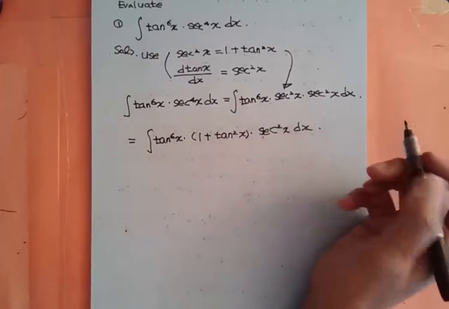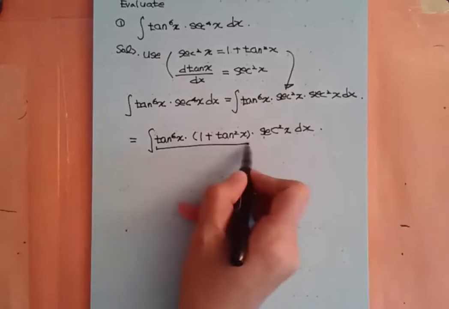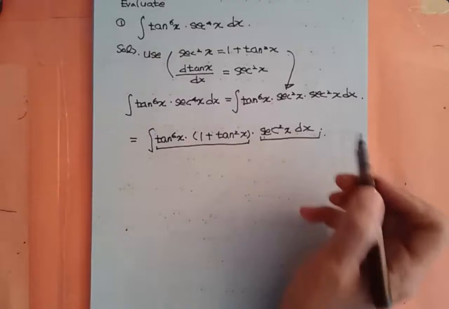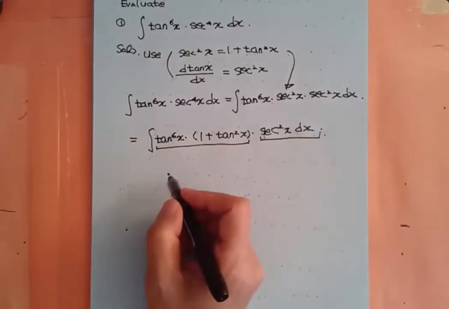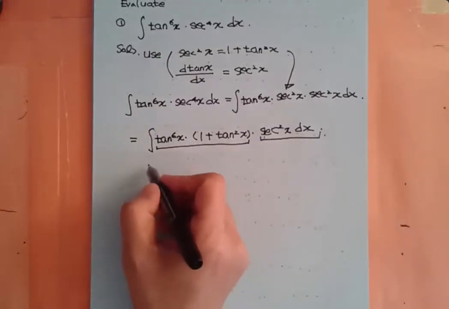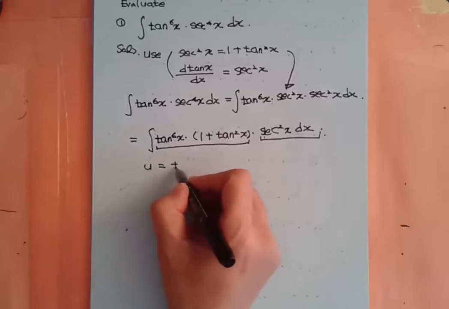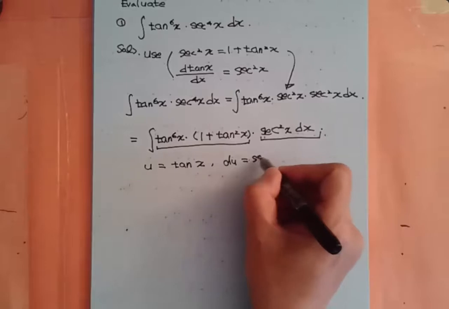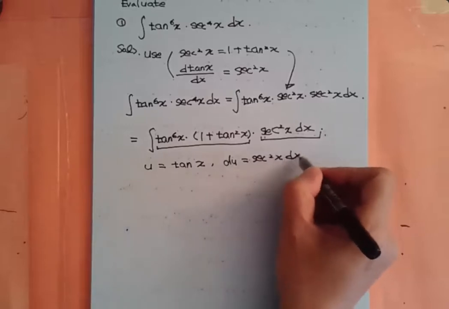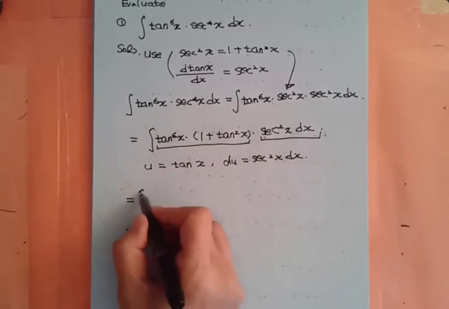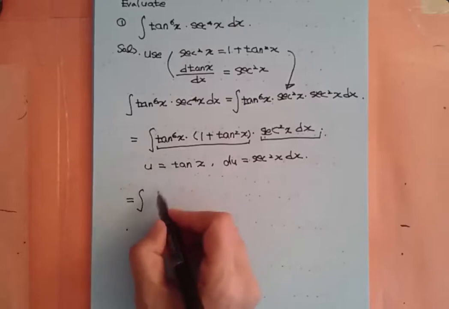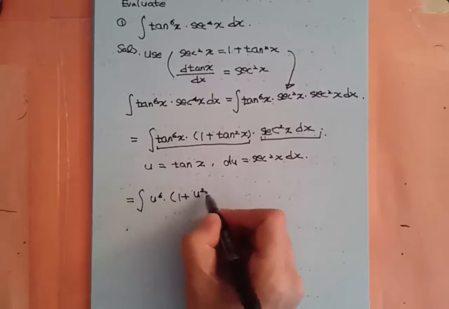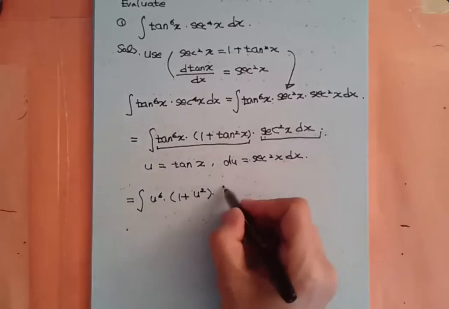By doing that, when we do substitution, this part will be a polynomial, and this will be the differentiation of tangent, right? So we put u equals tangent of x and du equals secant squared of x dx. So tangent to the 6th power is u to the 6th power times 1 plus tangent squared, which is 1 plus u squared, times secant squared, which is du.